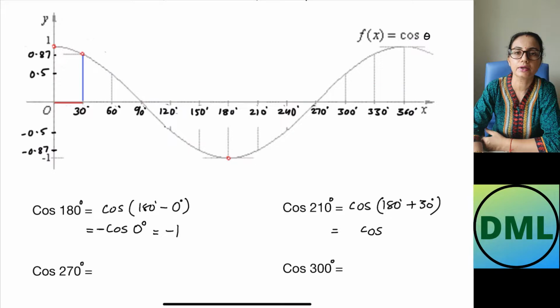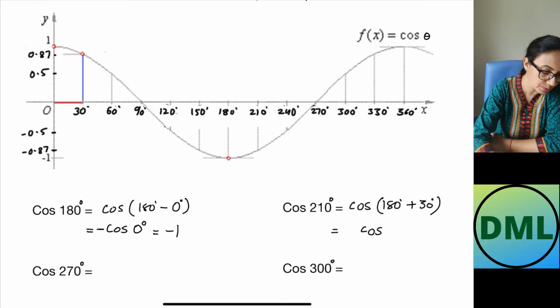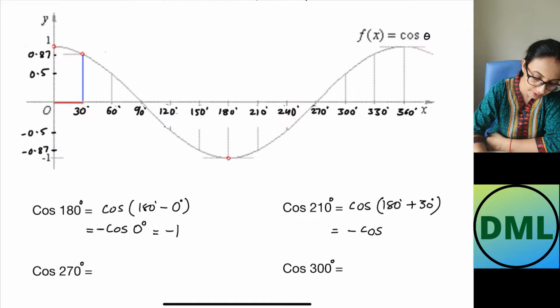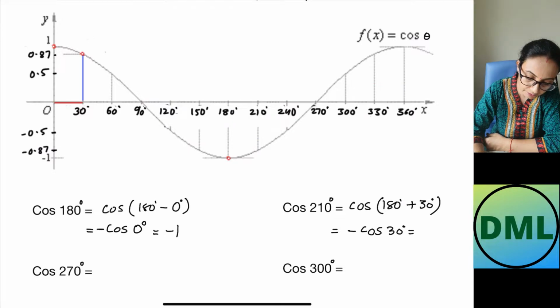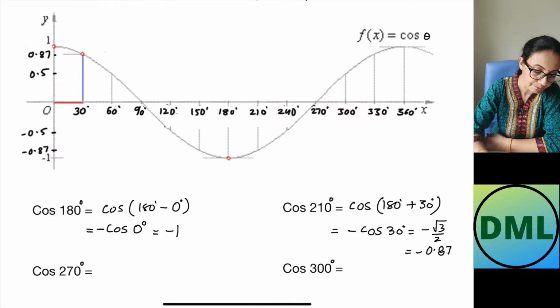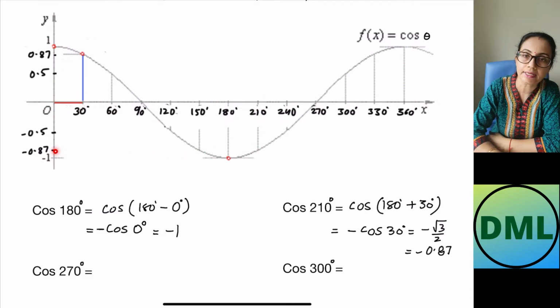In the third quadrant, cos theta is negative. Let's put the negative sign in front of that and the angle will be 30 degree. Negative cos 30 degree. Cos 30 degree is root 3 by 2. So my value will be negative root 3 by 2, which is approximately equal to negative 0.87. As you can see from the graph, cos 210 degree is negative 0.87.